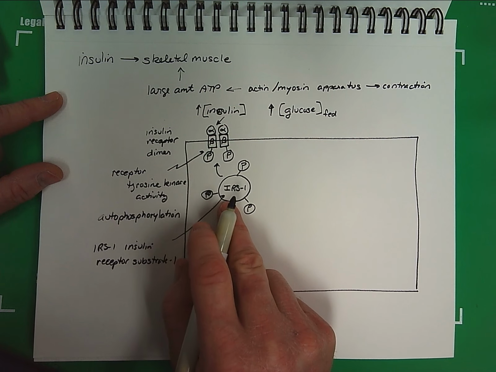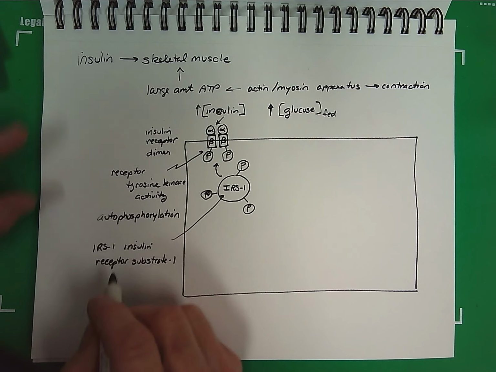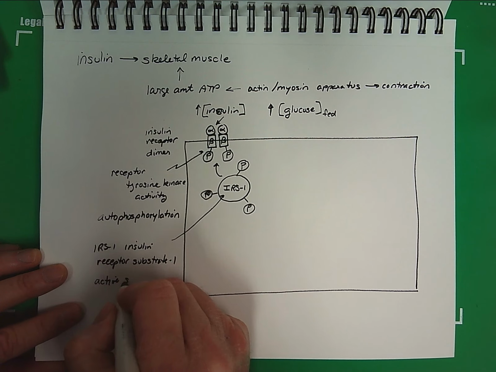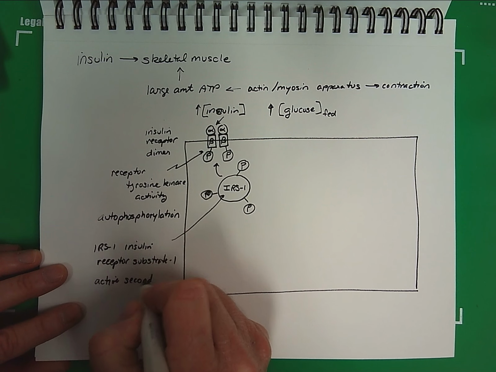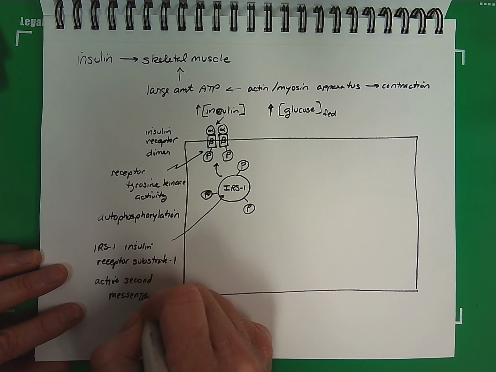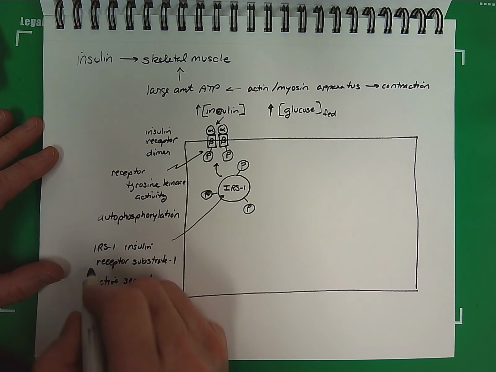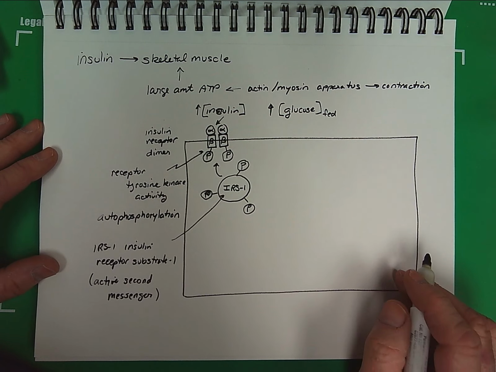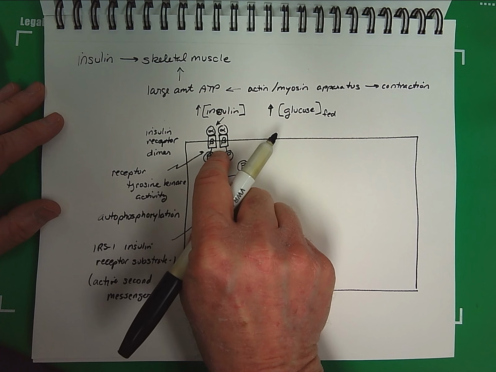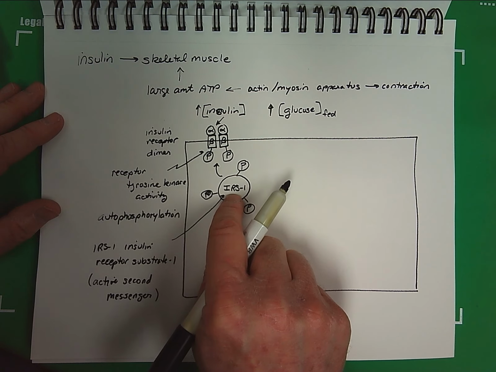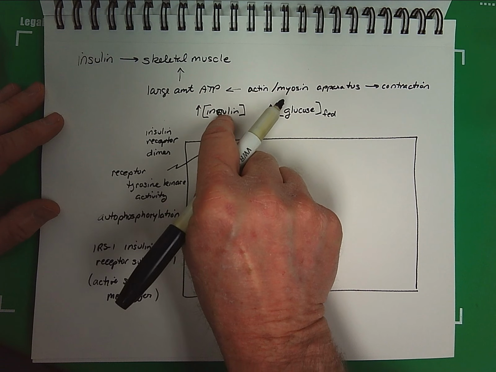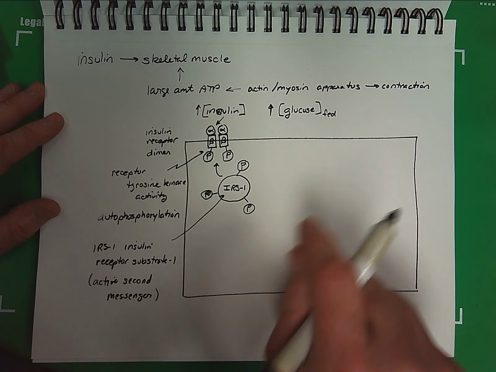Now, once IRS1 is phosphorylated, this becomes an active second messenger. Now, this is free to dissociate from the receptor and transduce the signal from the receptor, which was induced by insulin binding, to other parts of the cell.